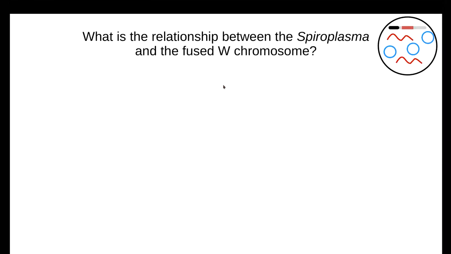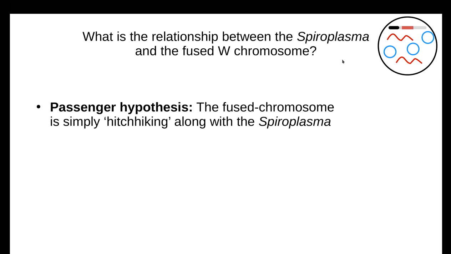So one question that we've been scratching our heads about for some time is, what is the relationship between the male killer, Spiroplasma, and this fused chromosome that occurs in all females that carry the male killer? And at the moment we have two hypotheses, and we're still really looking for evidence to reject one and accept the other. So the first hypothesis is called the passenger hypothesis.